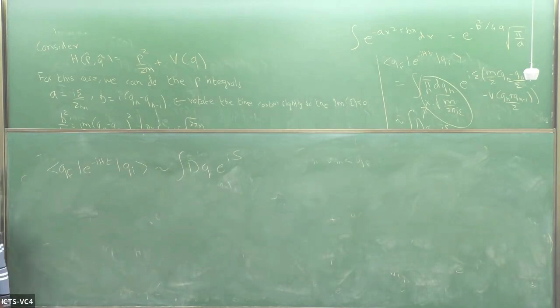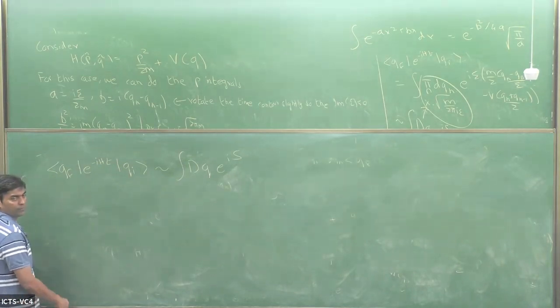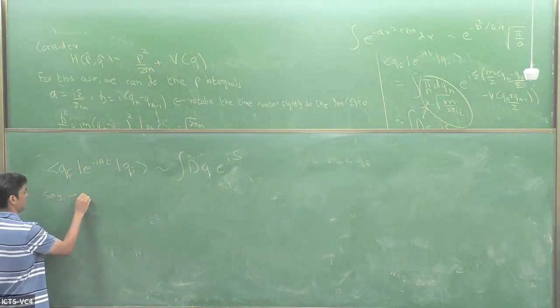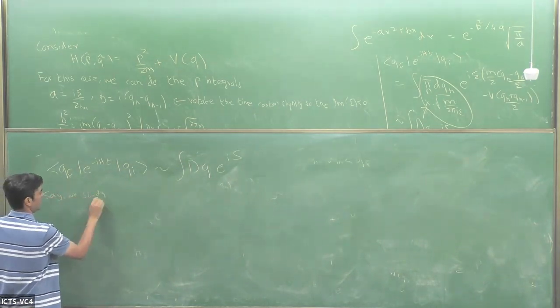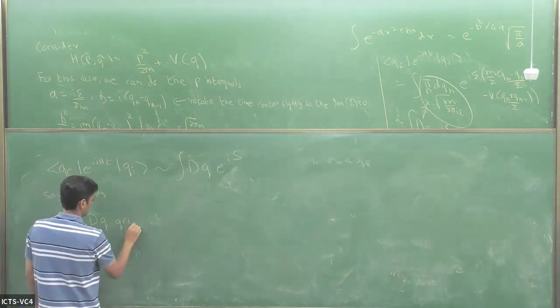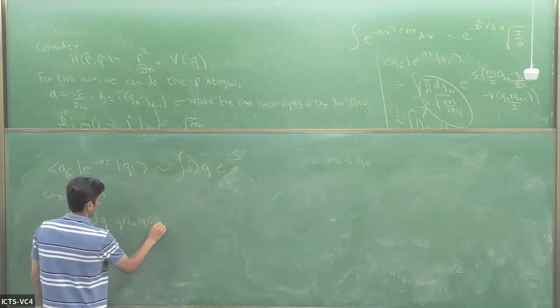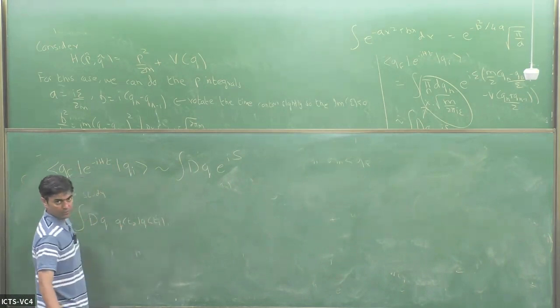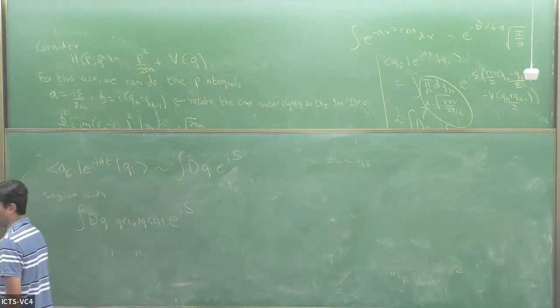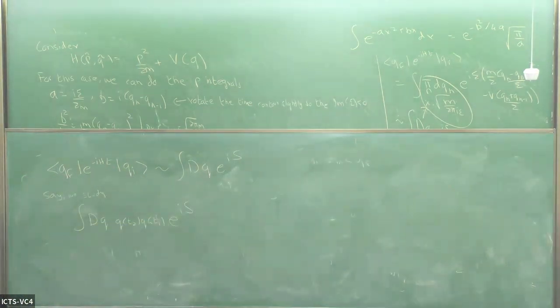Let's say I now choose to evaluate a slightly different integral. These are some times between 0 and t. What is this in operator notation? Of what?